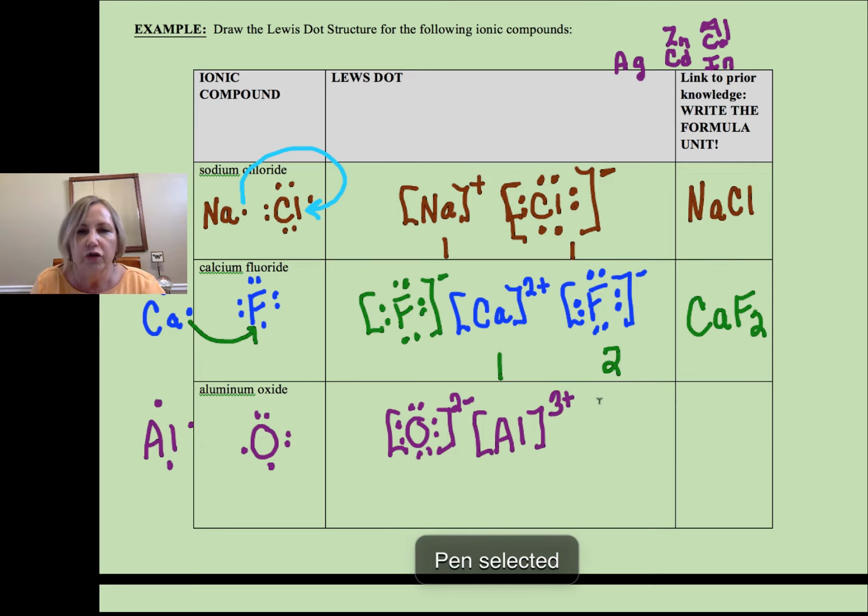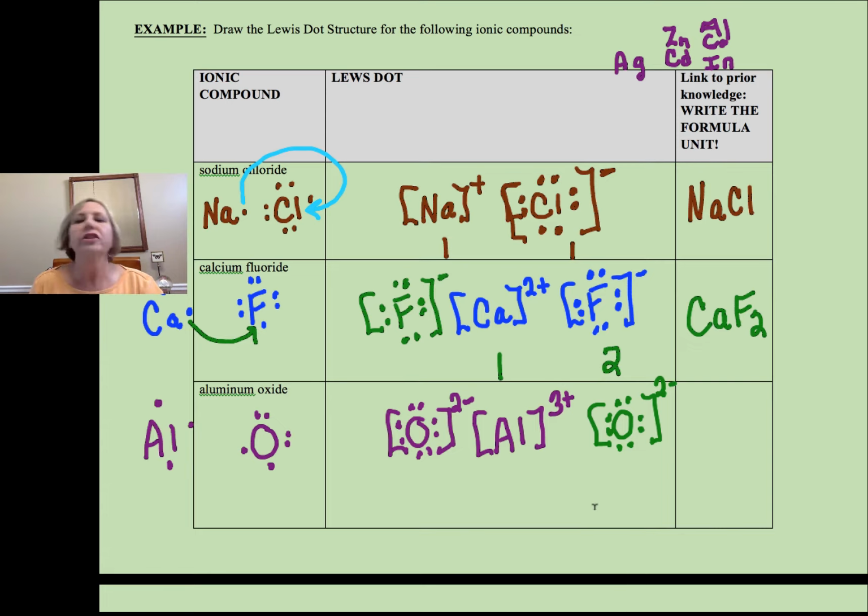So I'm going to draw 1 of the oxides over on this side here, the right side. And all I personally care about is that we alternate positives and negatives. So I can put an aluminum here, can put an aluminum here, or if I had room, I could do it on top.